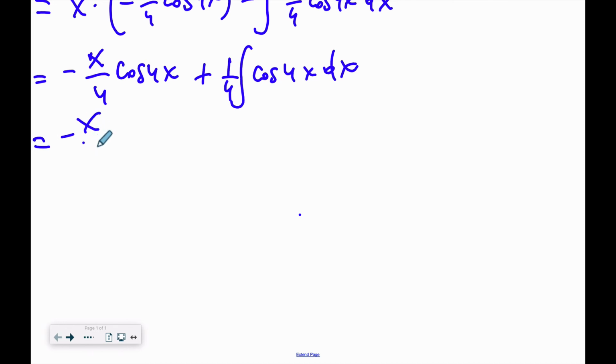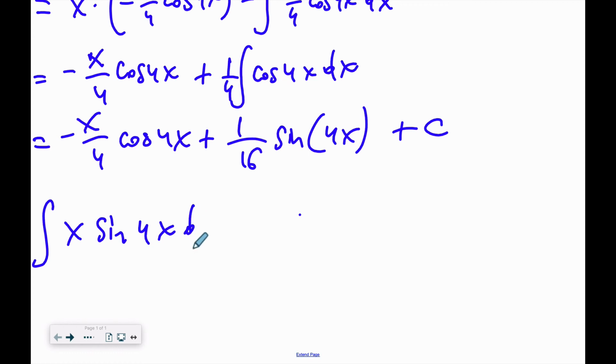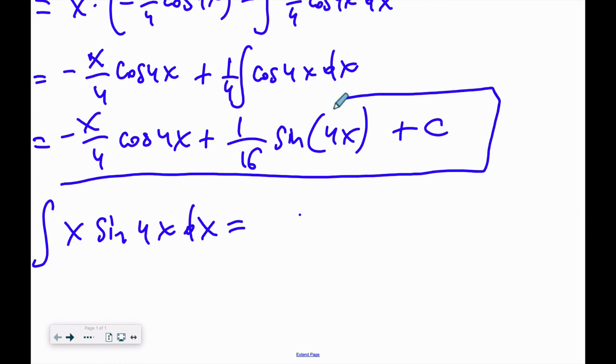So we have negative x over 4 cosine of 4x, plus 1 over 4, and then the integral of cosine 4x is 1 over 4 sine 4x. So 1 over 4 times 1 over 4 is 1 over 16 sine of 4x, plus C. So finally, the integral of x sine of 4x, which was the original question, will be equal to the expression here. This is the final answer.